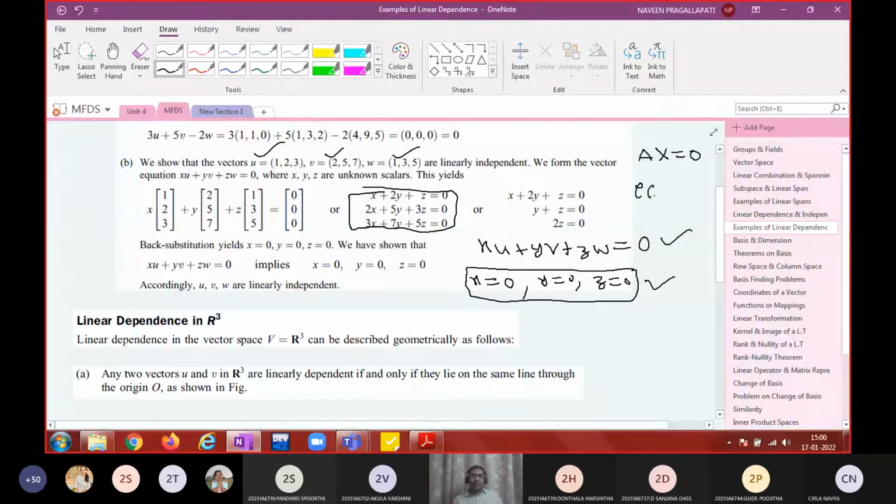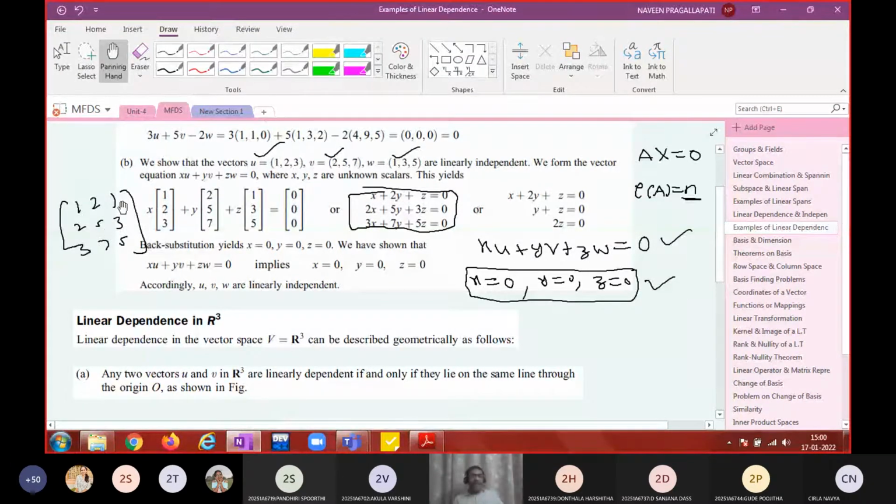When the rank of the coefficient matrix is equal to the number of variables n. What is the coefficient matrix here? A: 1, 2, 1, 2, 5, 3, 3, 7, 5. You find out the rank. How do you find out the rank? There are two ways. One is to convert this into echelon form and identify the number of non-zero rows. Or because it is a square matrix, you find out the determinant.